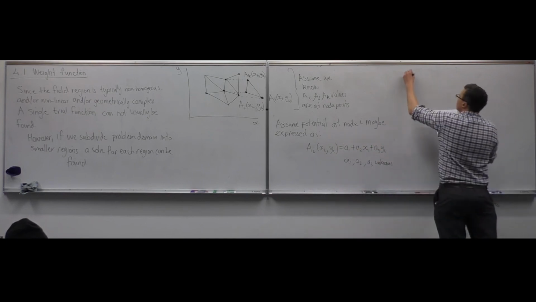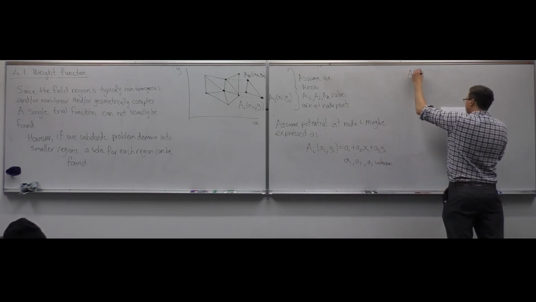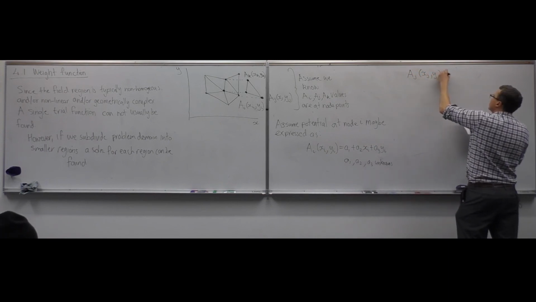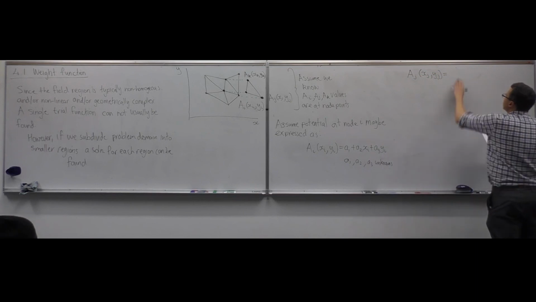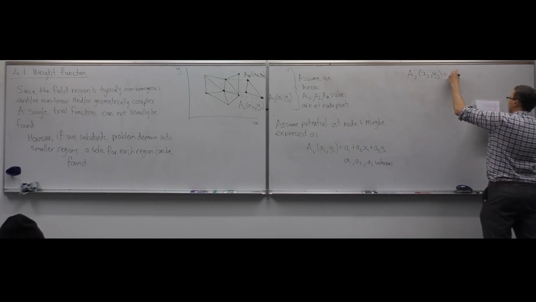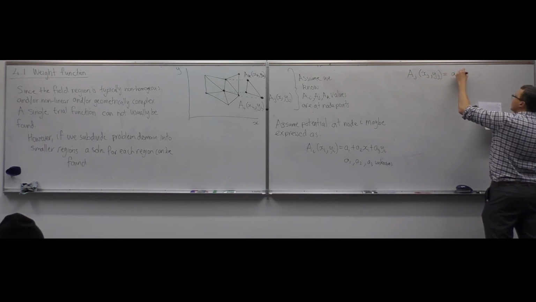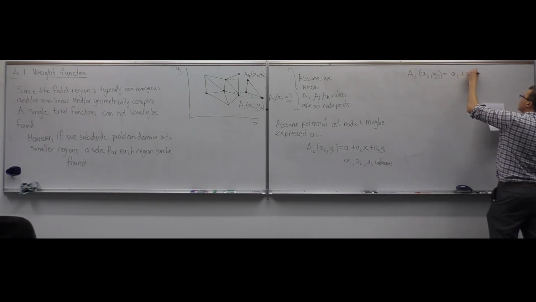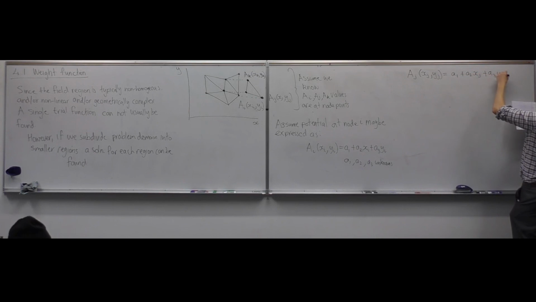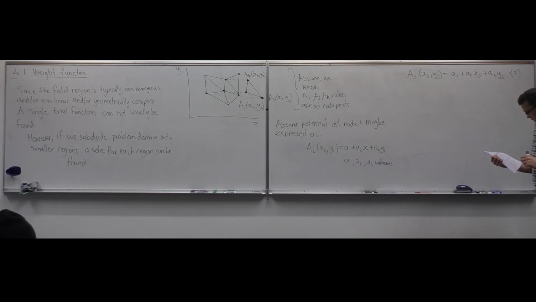Okay, and then we have AJ, XJ, YJ, and let's say that this AJ could be written in terms of 3 terms, A1 plus A2 XJ plus A3 YJ.